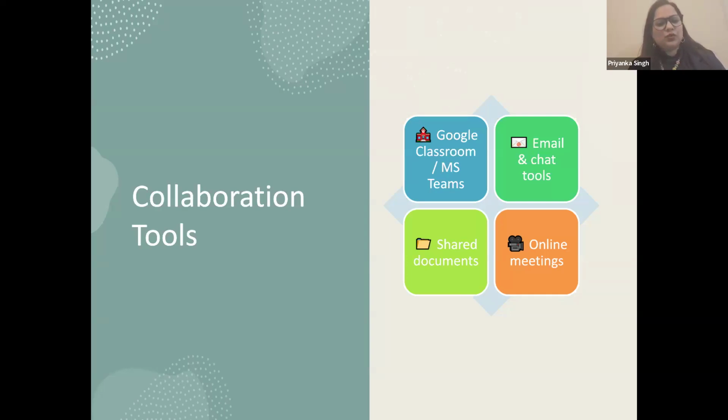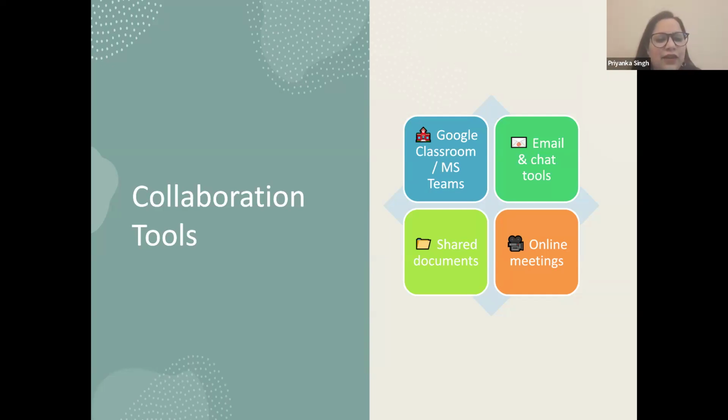Now with cloud storage, you can put all the documents in your clouds, in Gmail, Google Drive, in OneDrive. And it is so convenient that you are just using your logins and accessing it from anywhere. So this gives you the power to be there with your students and your organization at all times, and this actually helps a lot.